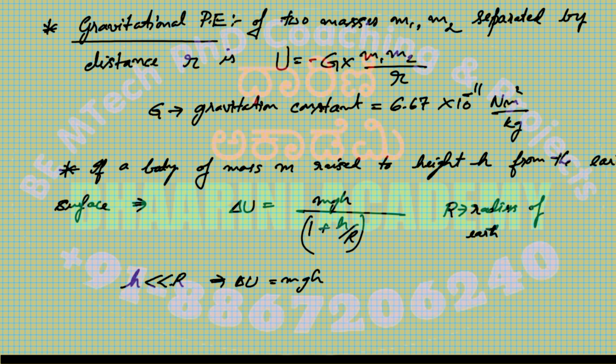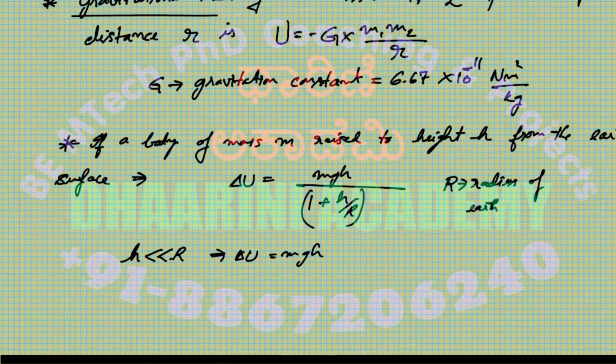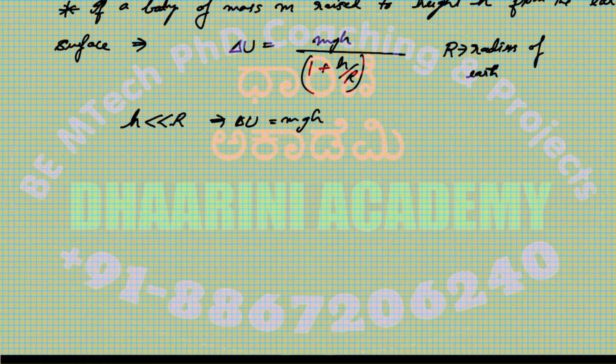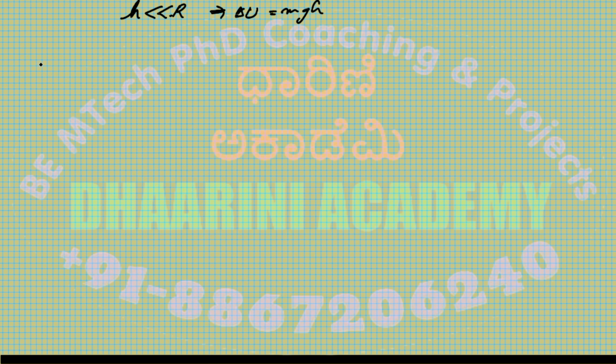Then we have another potential energy coming into the picture, and that energy is referred to as the electric potential energy. Electric potential energy is always measured between two charges.